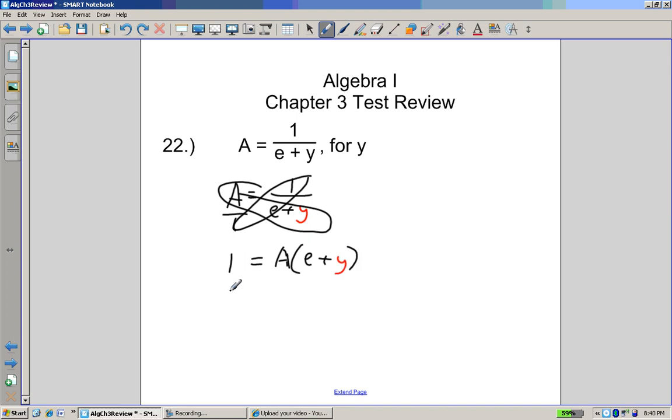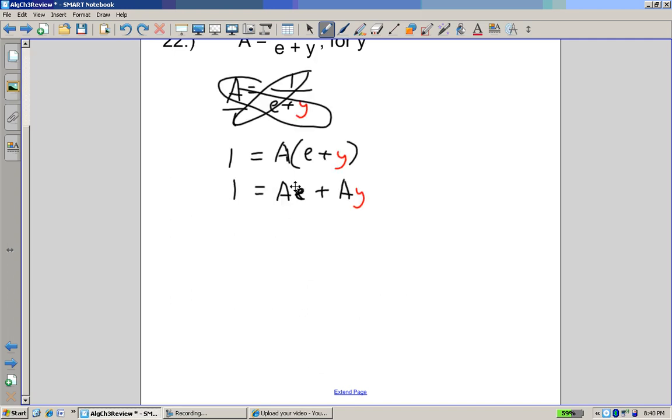And now we just simply distribute here. AE plus AY. Okay, so now we're back to one of the previous problems where we have to undo the addition in one layer and then undo the multiplication in a second.